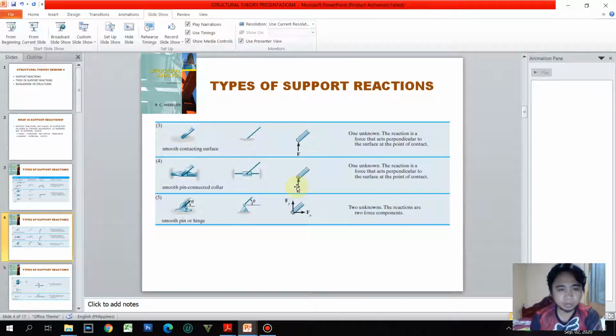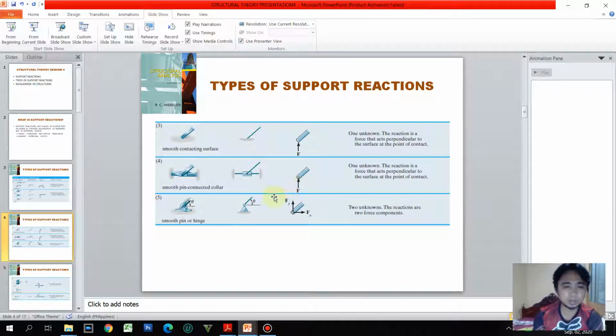Okay, so for number 5, we have a smooth pin or hinge. Whether your member is inclined or in whatever position, there will be only two reactions, a horizontal and a vertical reaction. So what is the meaning of this?